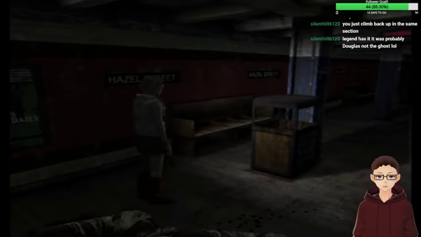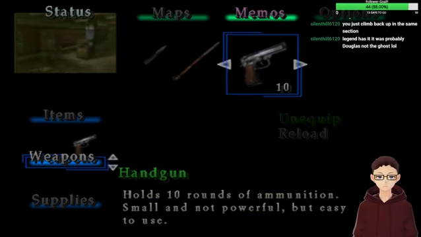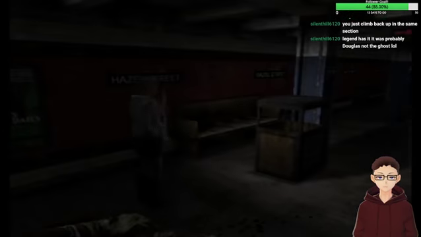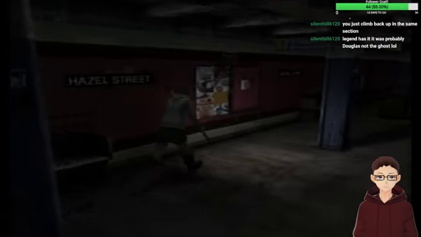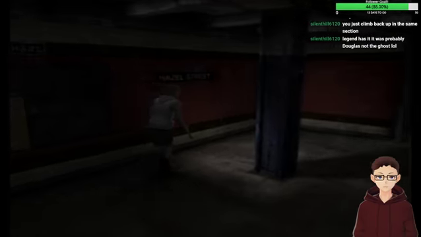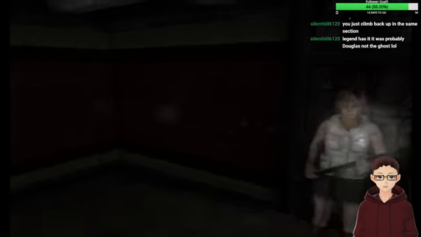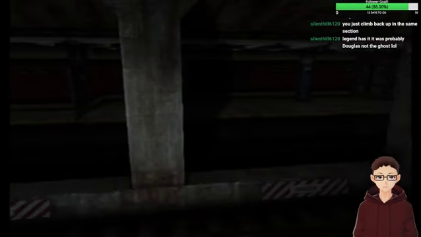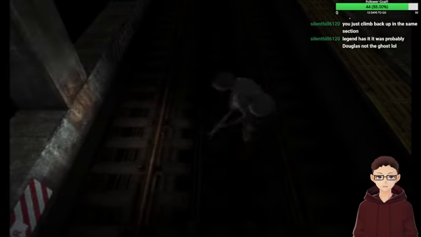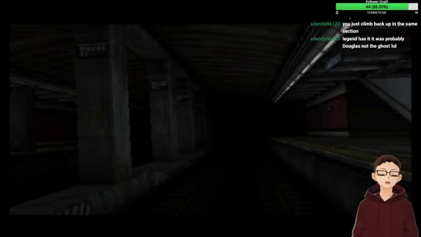Alright. 14 bullets and 2 dogs. Alright, so that'll be locked. We gotta go down here. I bet you I don't even need to fight that dog. I just... What the frick?!